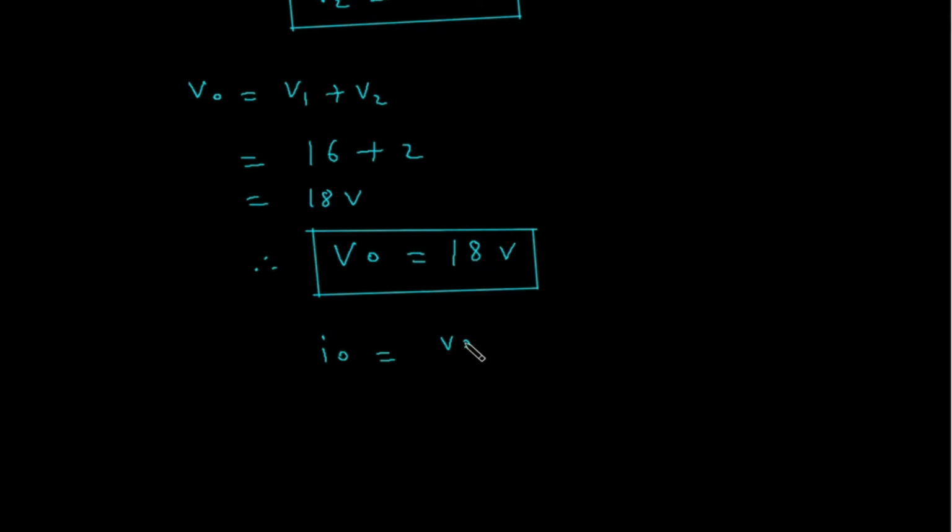Vo is 18 by 10, so this is 1.8 ampere. Therefore Io is equal to 1.8 ampere.